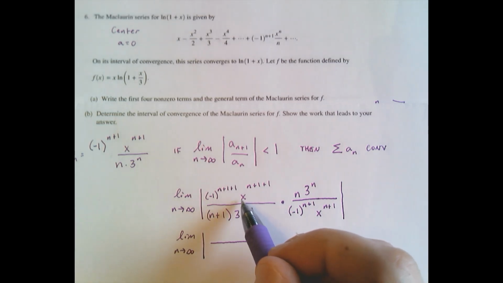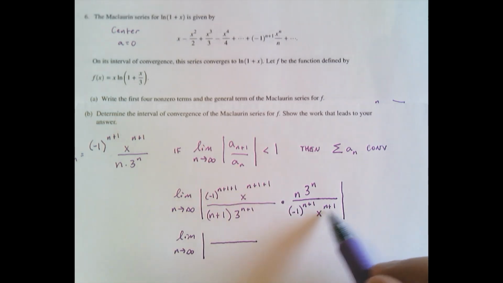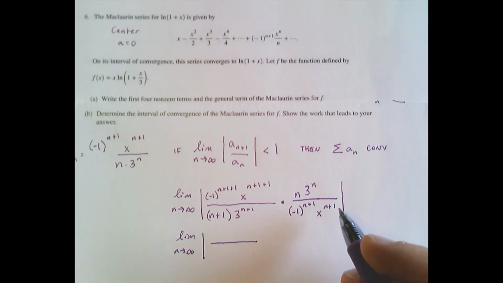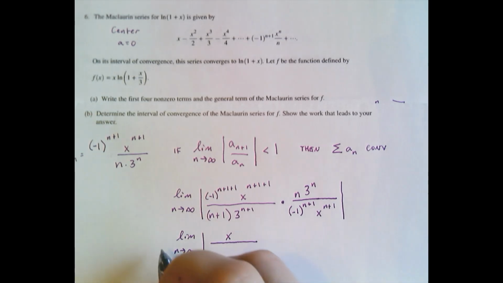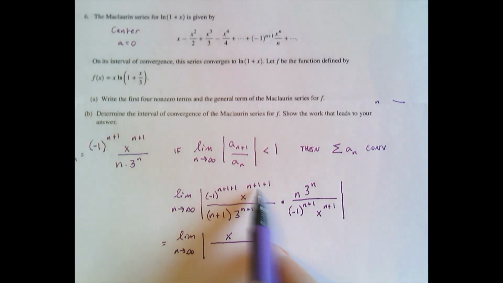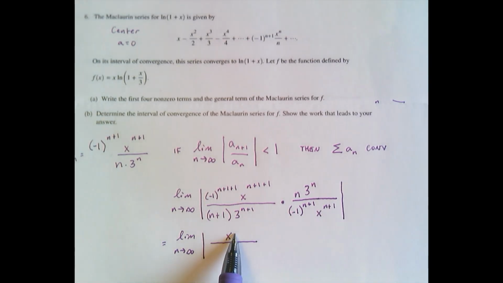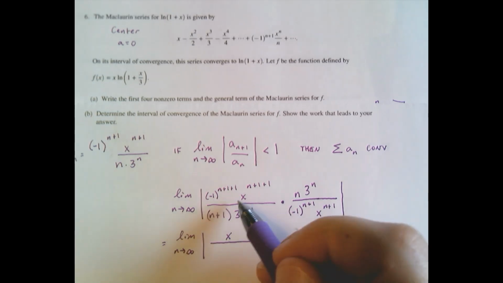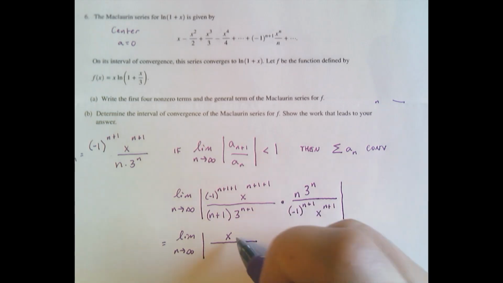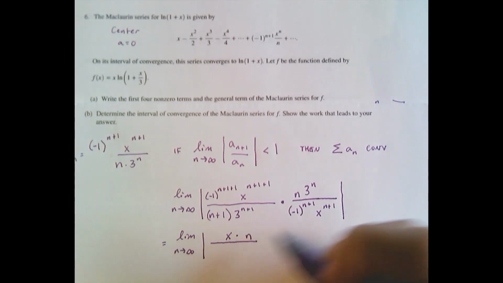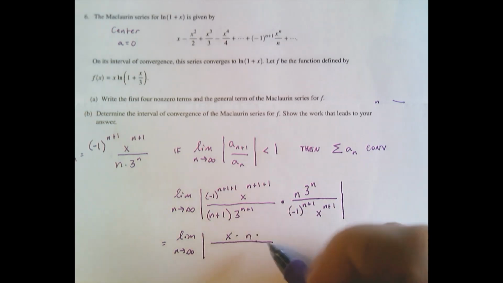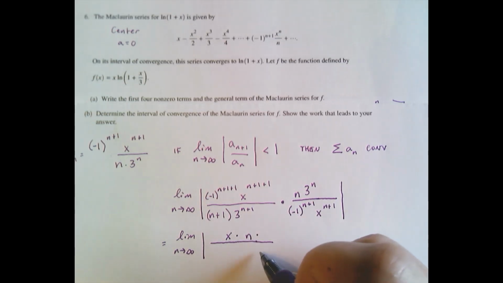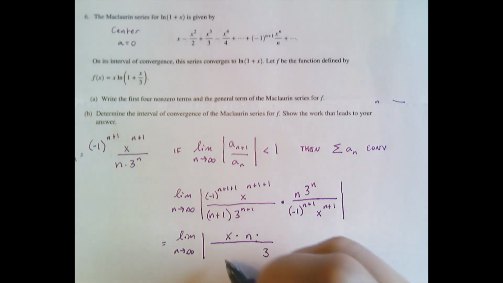I have x to the n plus 2 over x to the n plus 1. This gives me n plus 2 over n plus 1 gives you n just to the first power in the numerator. The next piece in the numerator we'll say is n, and then 3 to the n over 3 to the n plus 1 leaves a 3 in the denominator.